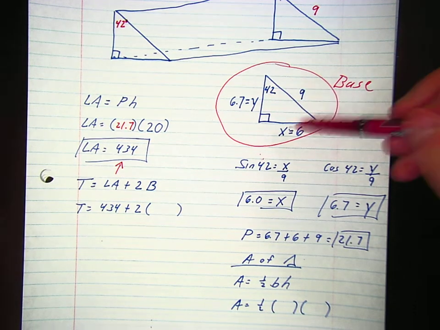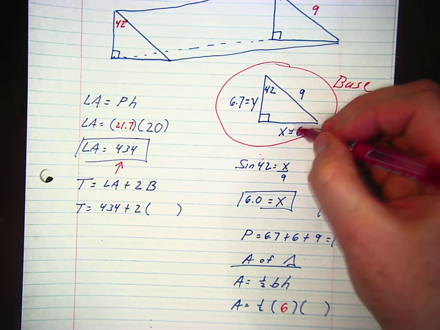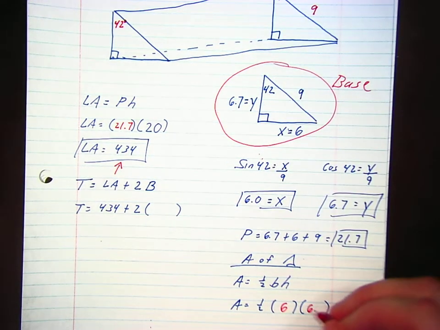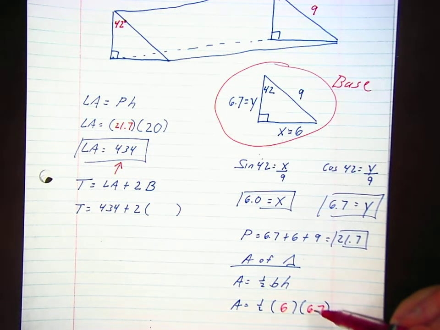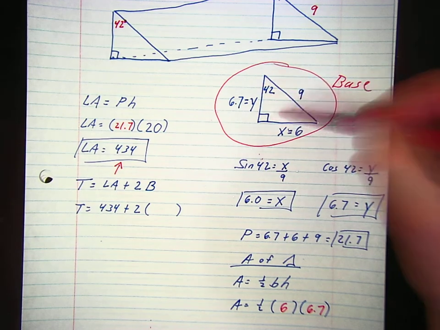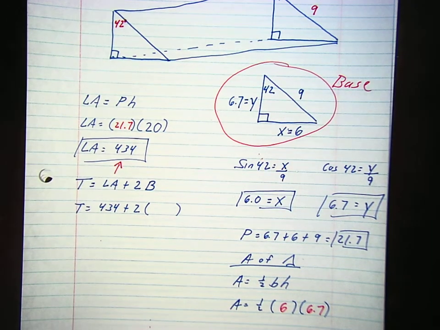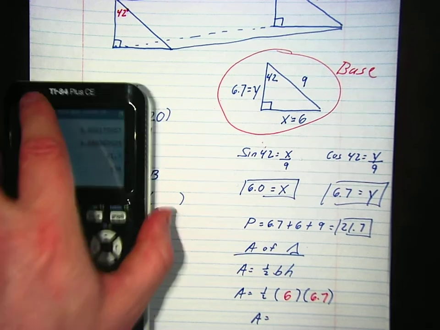So the base of the triangle is right there, 6. So that can go here. The height of the triangle is right there, 6.7. Now, don't use 20 as the height, because 20 has nothing to do with the base. Like, only look at the base when you're finding the area of the base. Multiply all that together, and you are now done with big B. So what do we got here?